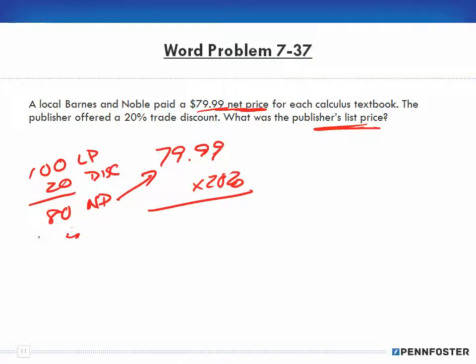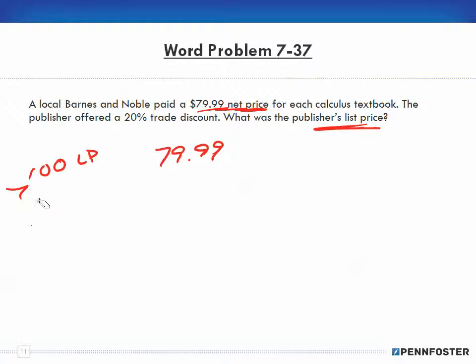The question is asking me, what's the list price right here, right? So in order to determine that, and notice I was multiplying. Well, in order to determine the list price, I'm going in the opposite direction. So I'm going to divide, okay?